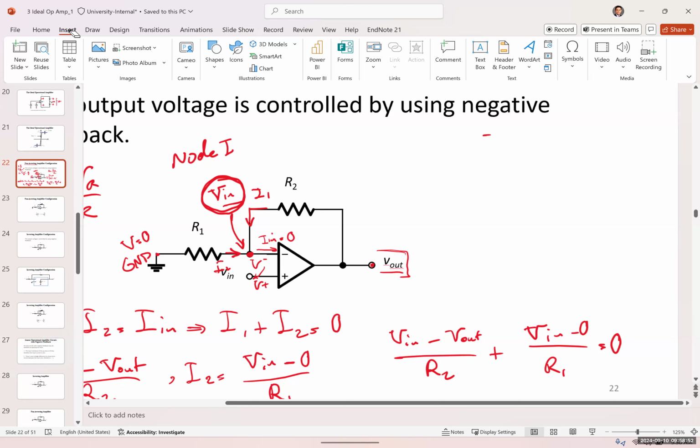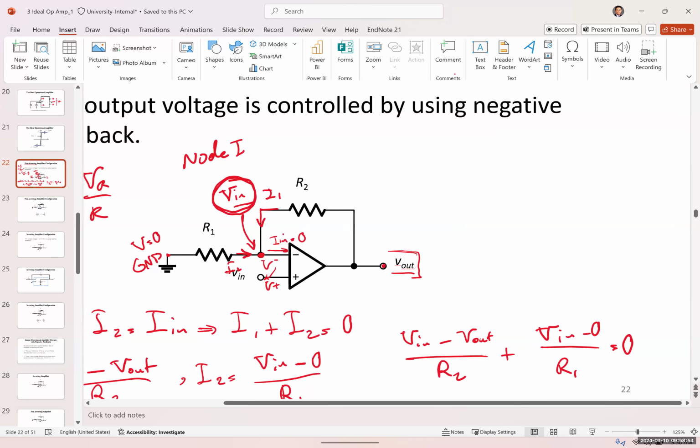So I'm going to write that over here. We use the principle IN is equal to 0 and V positive is equal to V negative. So Vn minus V out over R2 plus Vn over R1 is equal to 0.